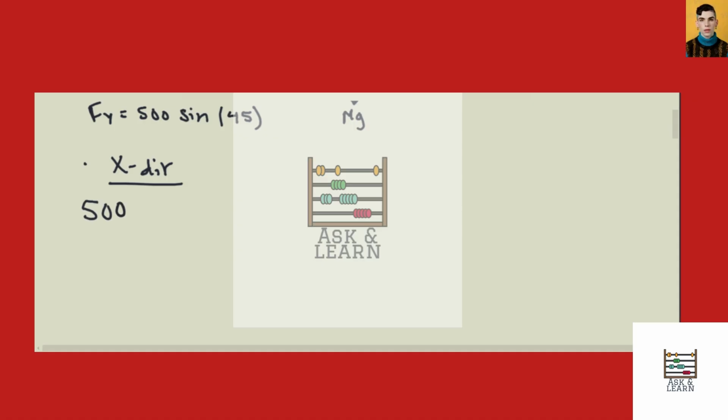So you have 500 cosine 45, from the left side, plus the right side, so 400 cosine 30, minus the force due to friction, which is given as mu k, the coefficient of kinetic friction, times f of n.